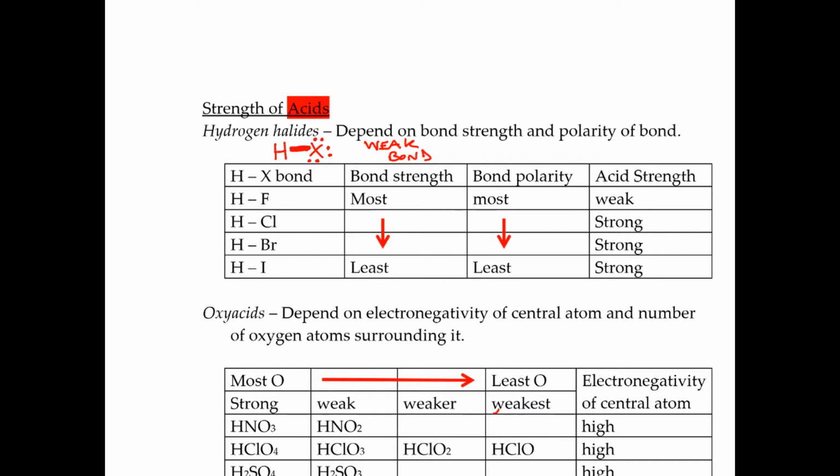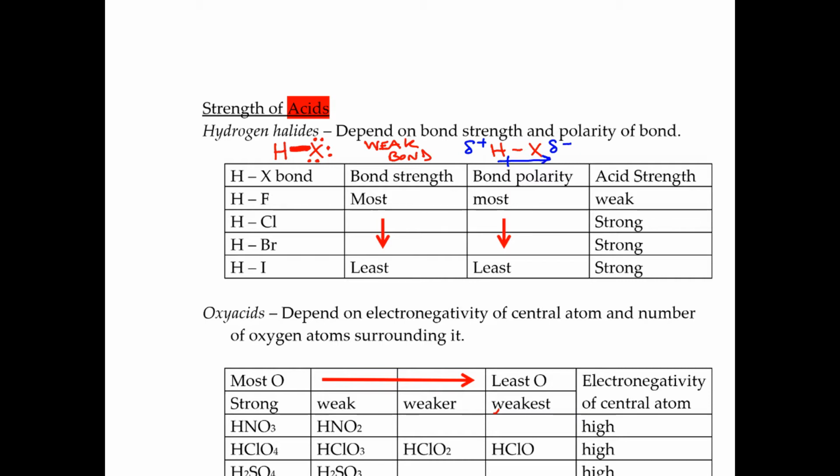Also, we're going to look at polarity. Polarity is where the H and the halide, the X, do not share equally. You know that the halogens have high electronegativity, so it's going to be delta negative on that side and delta positive on the H. You could also use that little arrow. This is not the coordinate bond. This is just the polarity bond arrow to show the polarity of the bond.